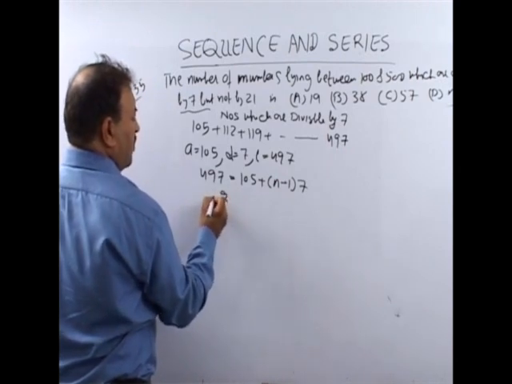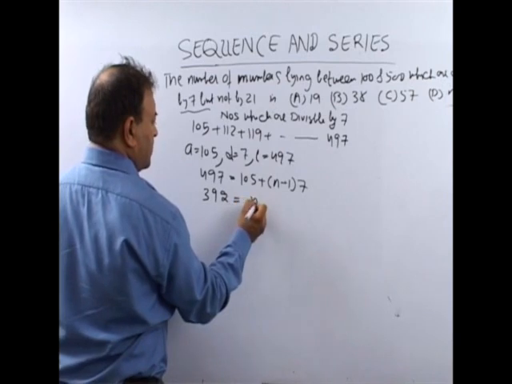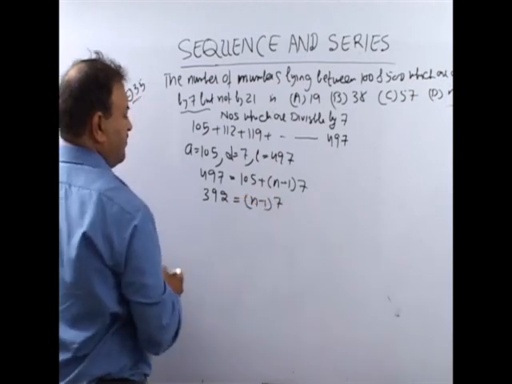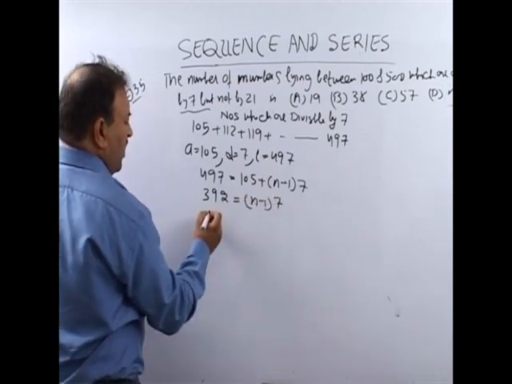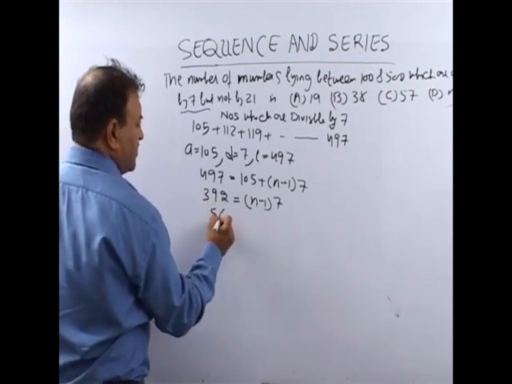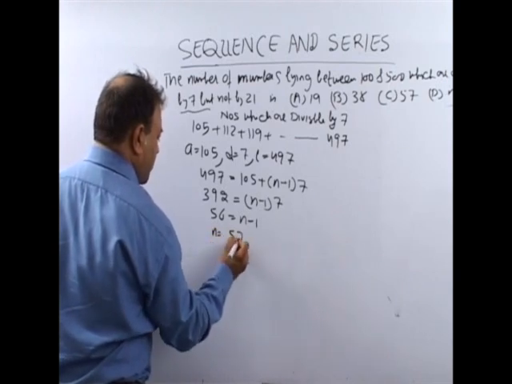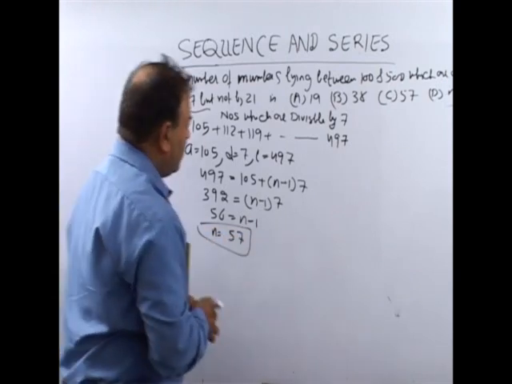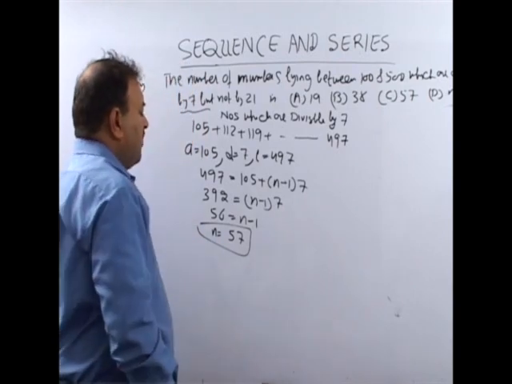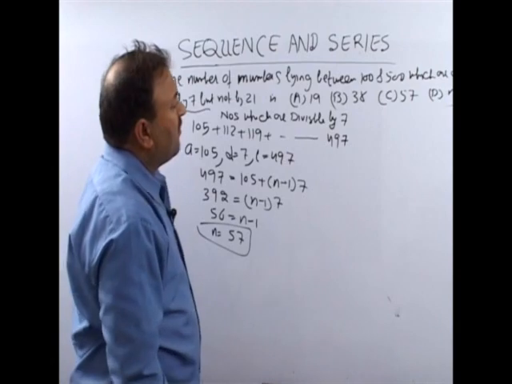That gives 392 equals n minus 1 into 7. Dividing by 7, n minus 1 is 56, so n comes out to be 57. So the number of terms divisible by 7 from 100 to 500 is 57.